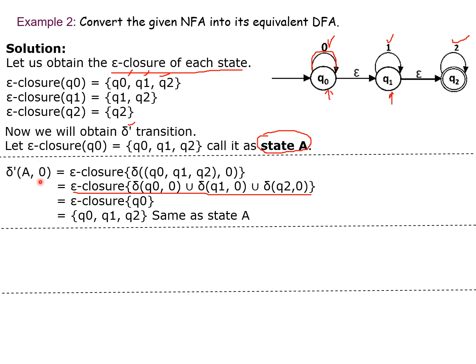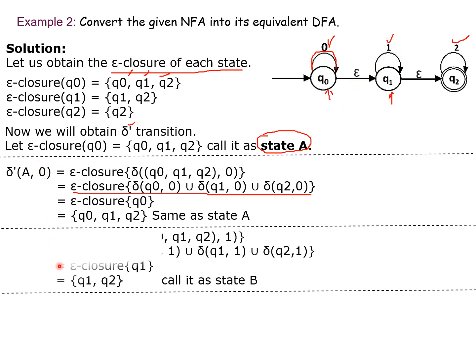So 0 is over. Then what is the next input? 1 on A. Delta of A on 1 means E closure of Q0, Q1, Q2 on 1. Again you can split it: delta of Q0, 1 union delta of Q1, 1 union delta of Q2, 1.